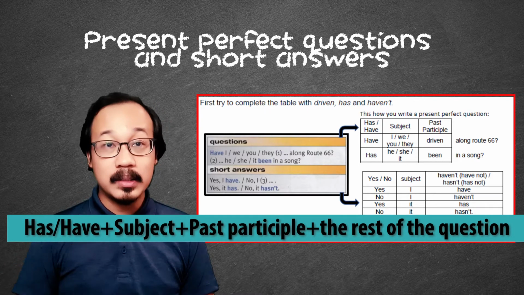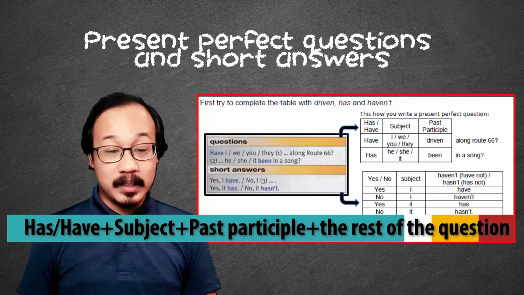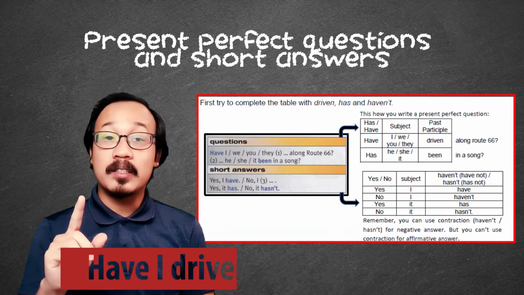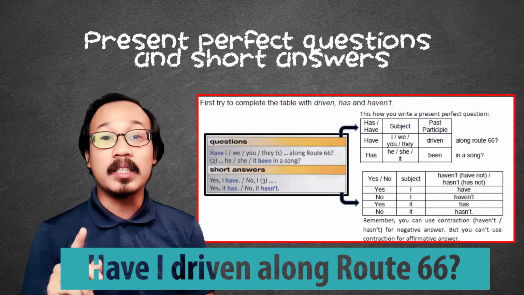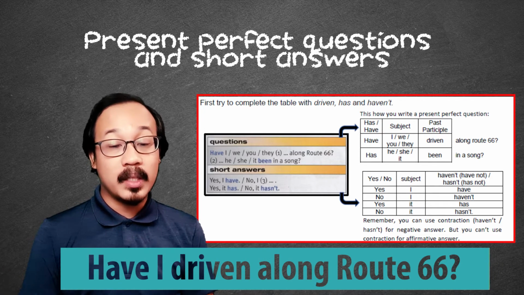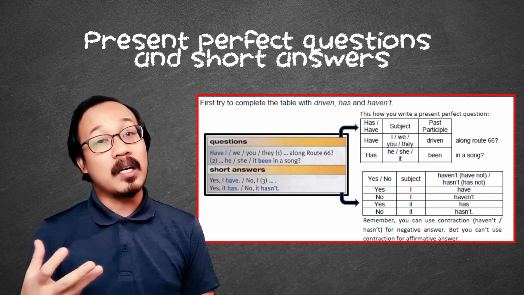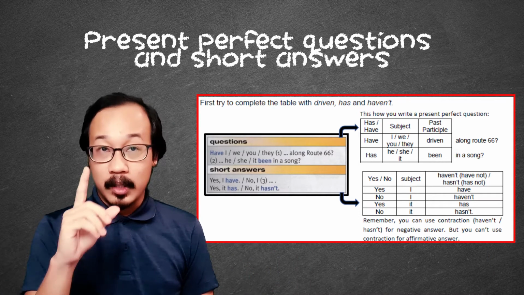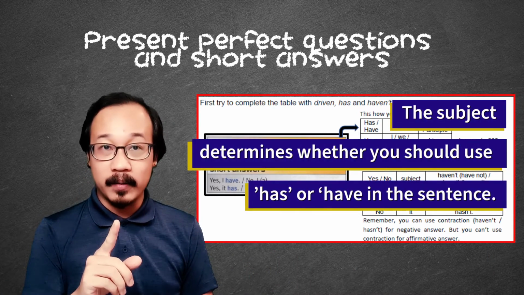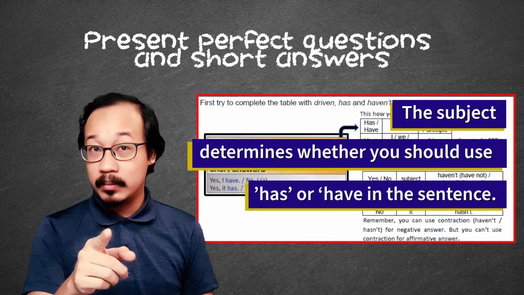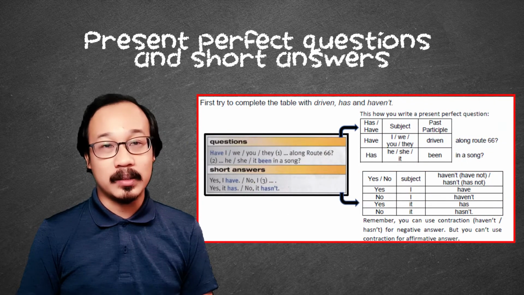For example, the ones that I have here are: have I driven along Route 66, or have we driven along Route 66. Now, whether you want to use has or have depends on your subject.